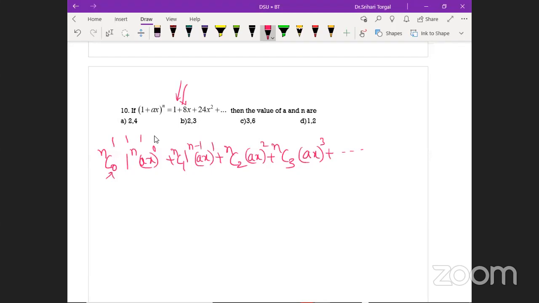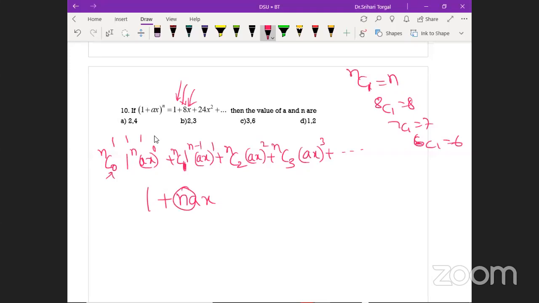Now we have 8x. So this is 1, no problem. nC1: when there is 1 in the combination, you have to write the same thing, because 8C1 is 8, 7C1 is 7, 6C1 is 6, like that. So it is n only. And the remaining term is ax. Now tell me, what is the coefficient of x here? 8.